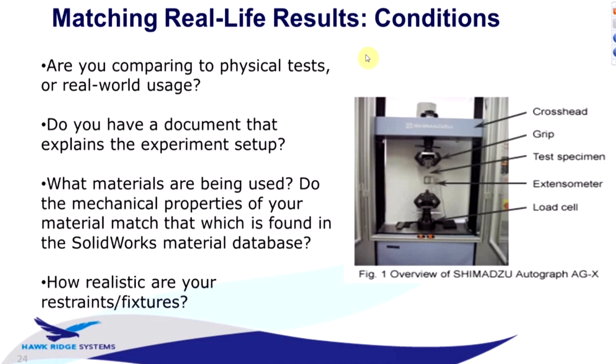Of course, there's lots of other things that could cause a discrepancy in results between your simulation and something else. Another important thing to consider if you're trying to match a real-world test, for example, an experiment, a physical test, is, first of all, was it an experiment under controlled conditions, or are you trying to set up a simulation to mimic the real-world usage of a product?